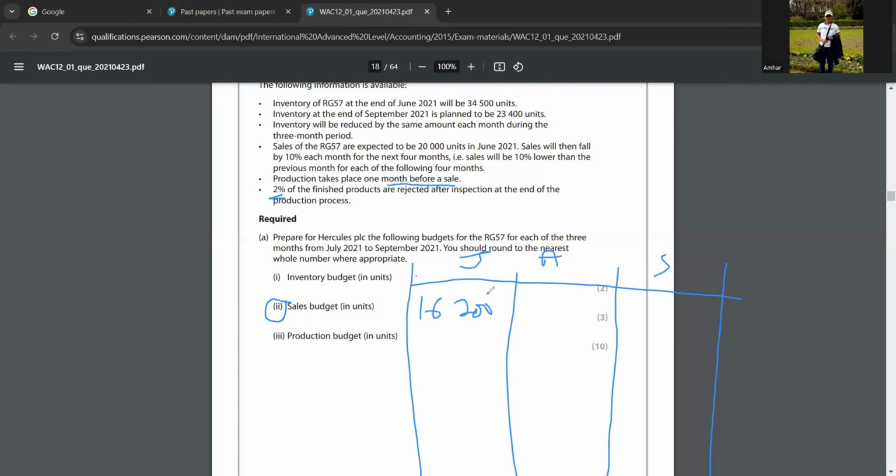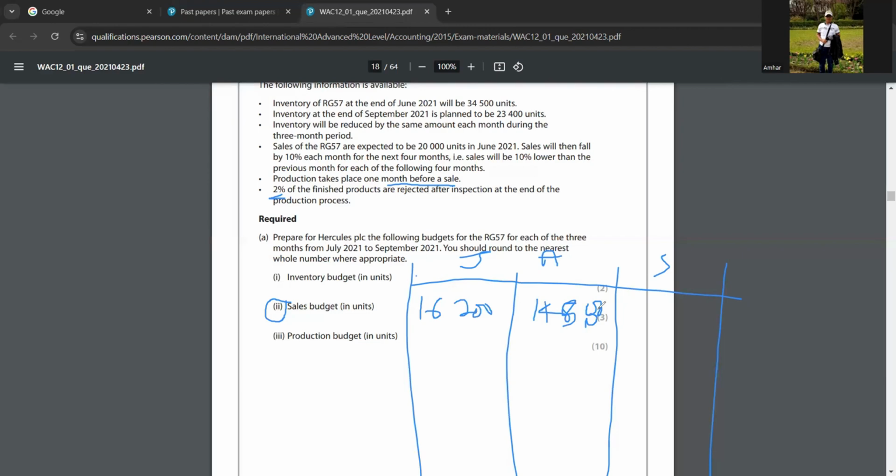Now look at this one, September value in sales budget units. September value is 14,580. So that September value you have to take it in August. So that August here is 14,580. Now look at October value.